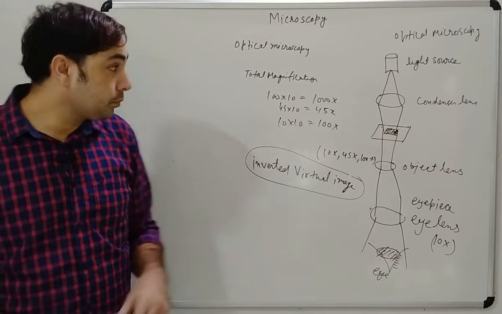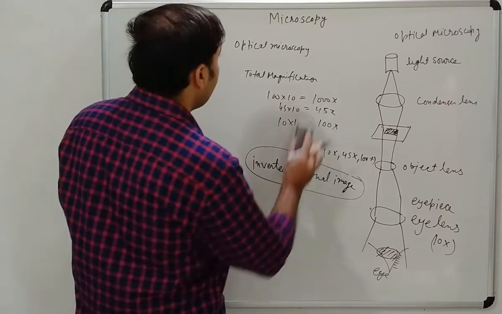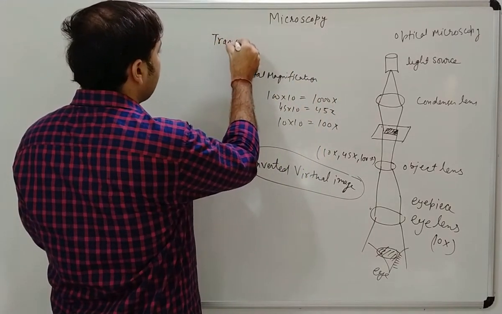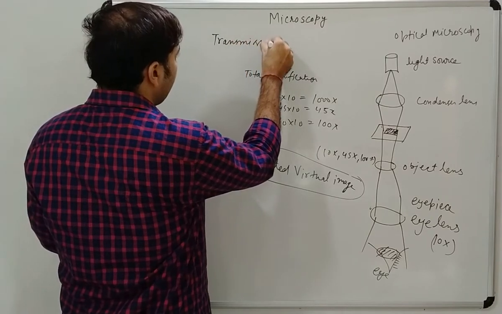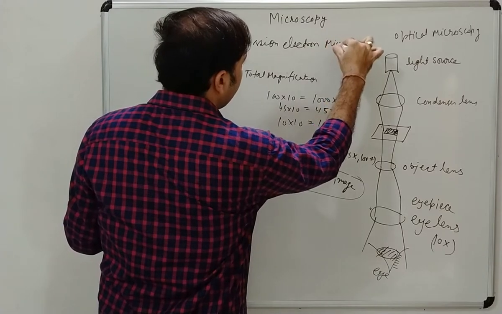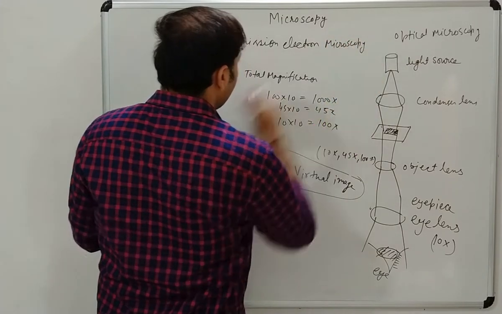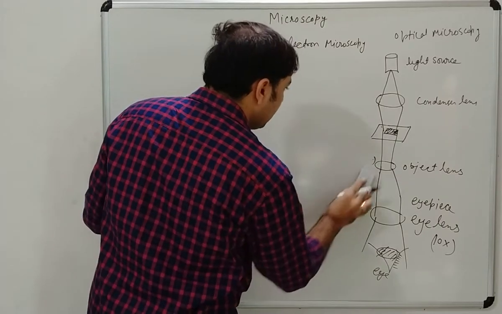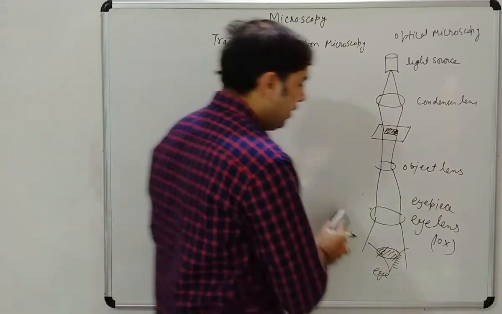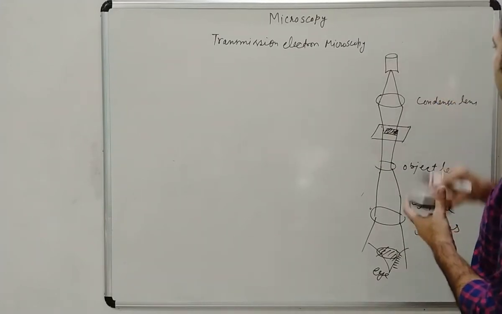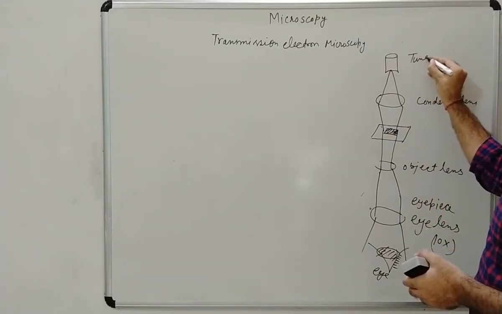Now we will read about electron microscopy, transmission electron microscopy. Here, instead of this light source, we use tungsten.